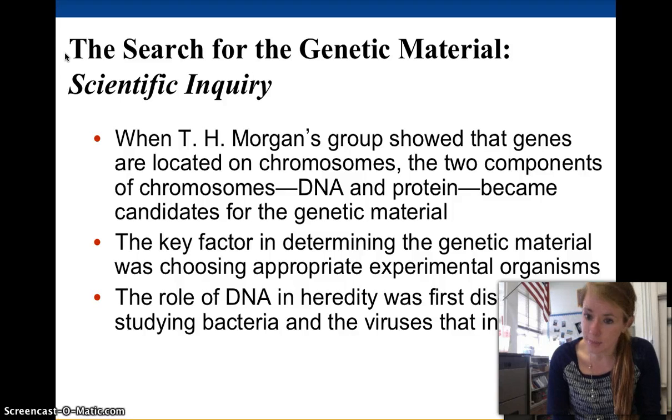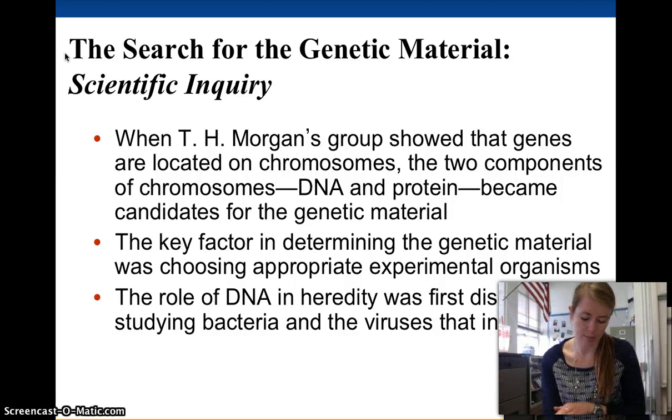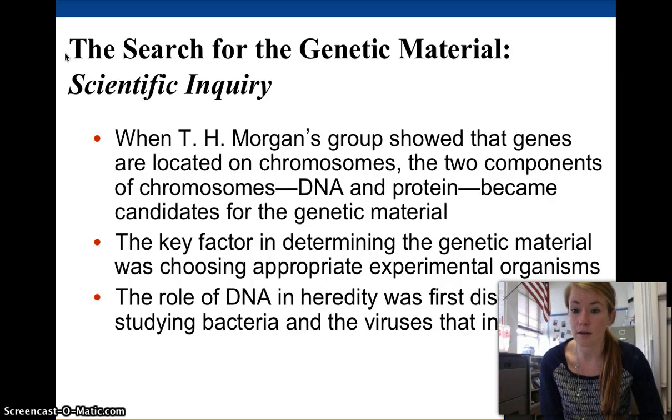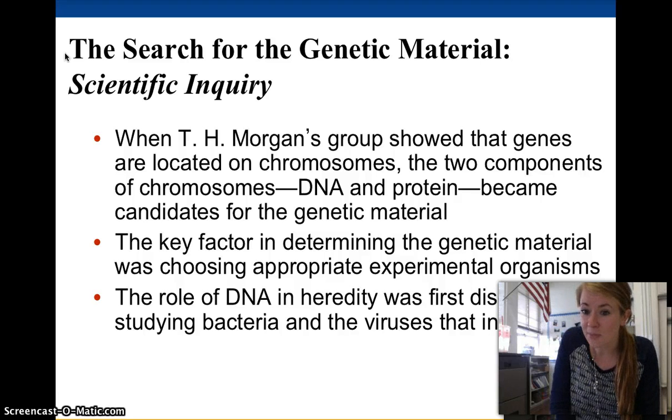People started to do a lot of experiments with these things, and it became really important to choose the right sorts of organisms with which to do these experiments. And so a lot of the early research was done on viruses and bacteria, which was really great because they're so simple.